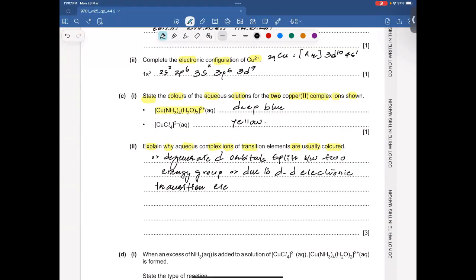Electron is promoted from low energy d orbital to high energy d orbital.